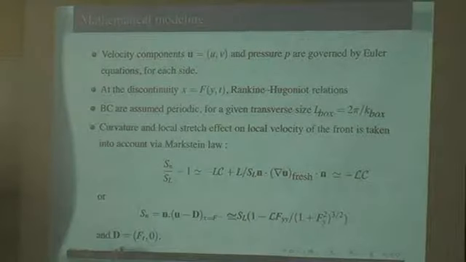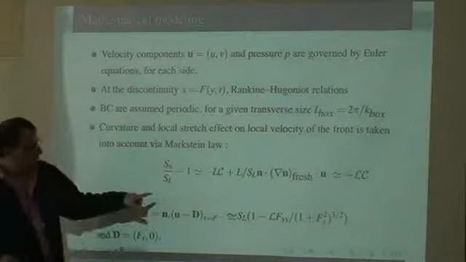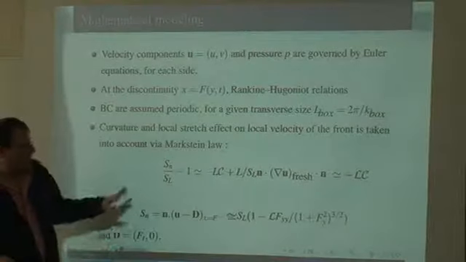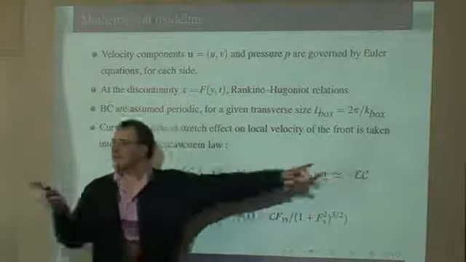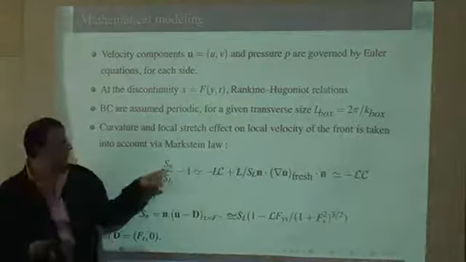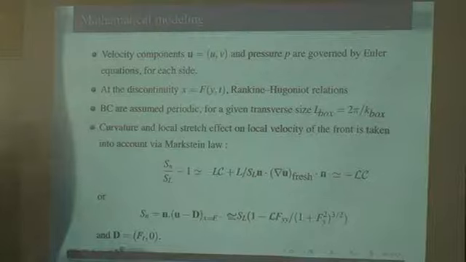I could have chosen not to take into account the curvature effect, so this is 0, and only say that locally the flame is laminar and goes at SL speed, which is not true. So this is a way to introduce the effect of the curvature, still assuming that the front is infinitely thin.